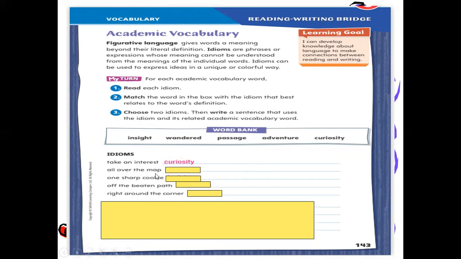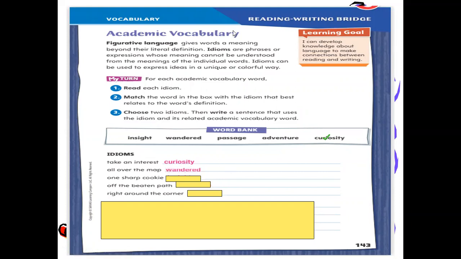Now, all over the map, he's lost and he can't find his way. So, which one? It is wandered. Very good, guys. Wandered.